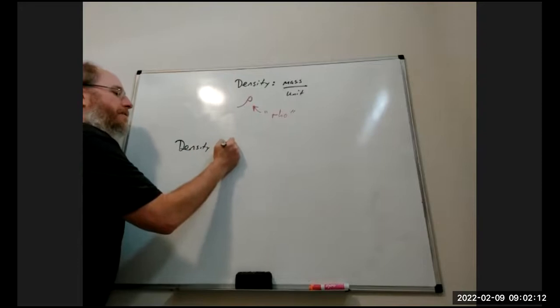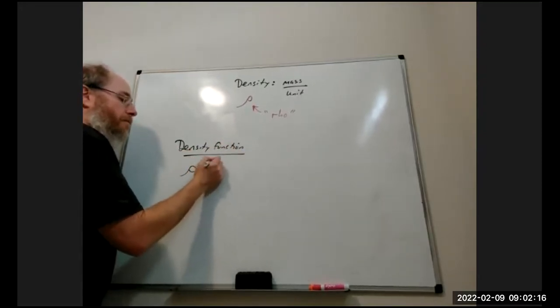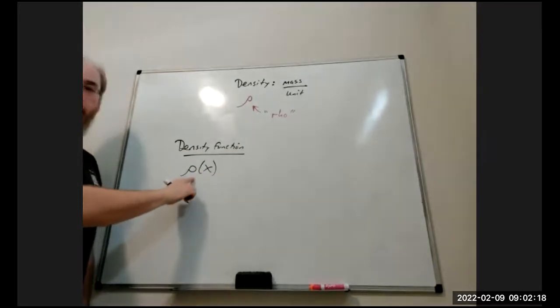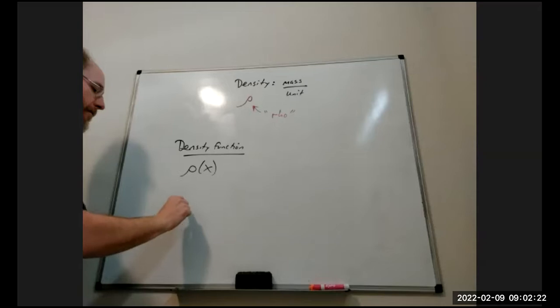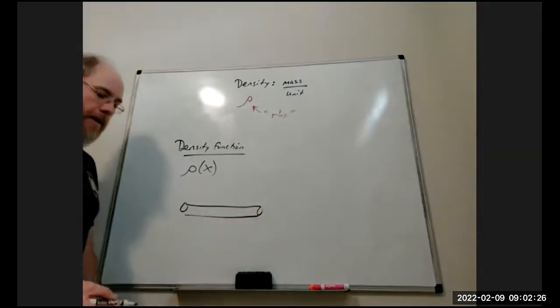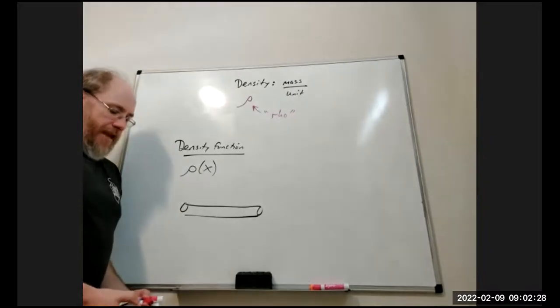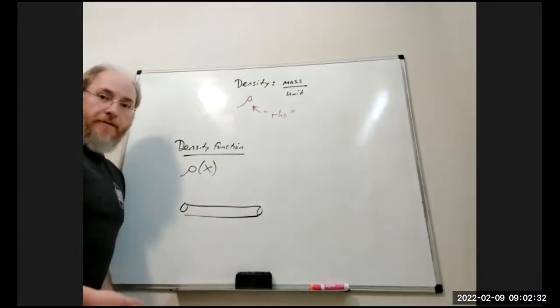And this density function just depends on where we are. So I'm going to write here rho of x. So imagine we've got like a cable or something like that that's one-dimensional. And basically what this is saying is that if you were to look at different parts, it's going to have different density.